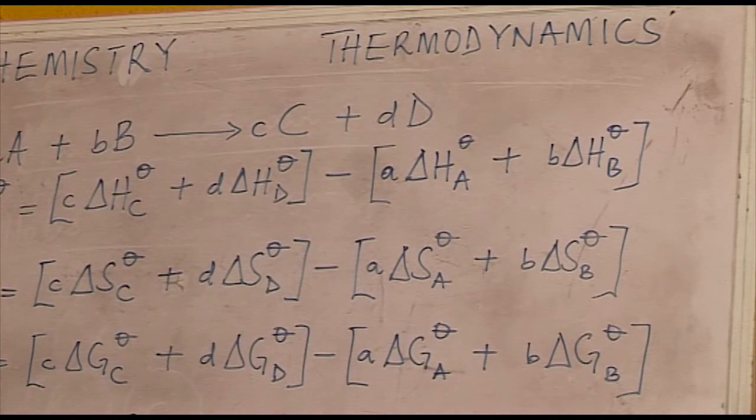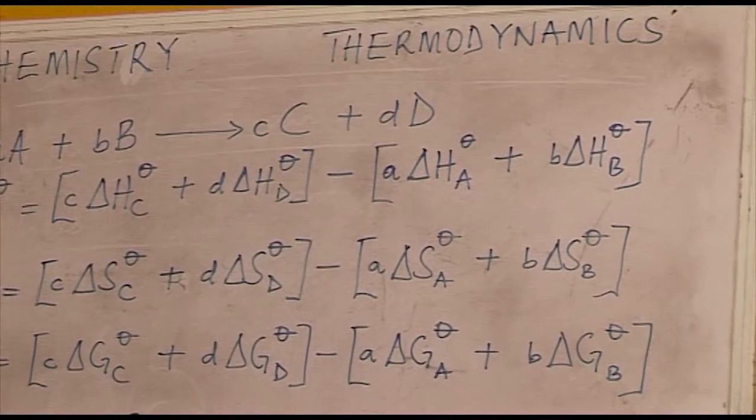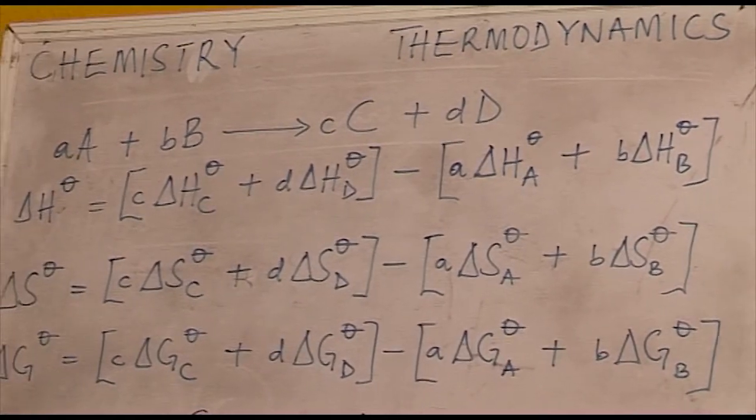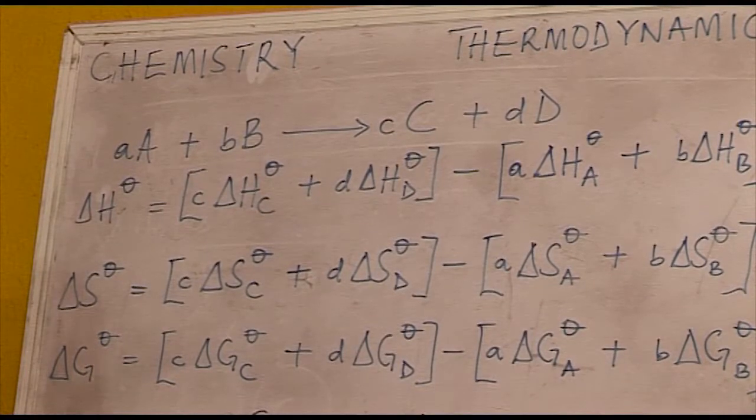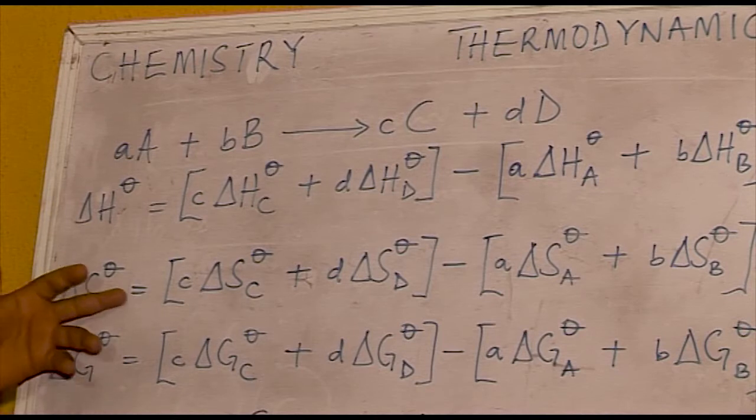We can also get the standard entropy change of a chemical reaction. Just like we advised for the enthalpy, the reaction must be a balanced one. So the standard entropy change of a chemical reaction is also the sum total of the entropy of the products minus that of the reactants, as it is stated here.